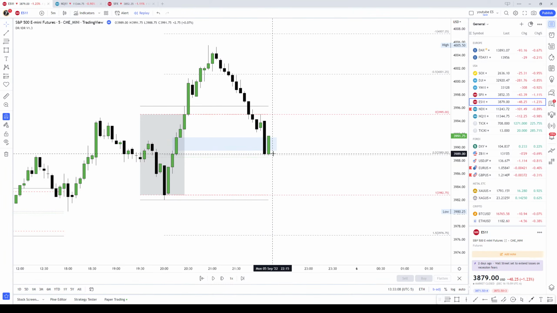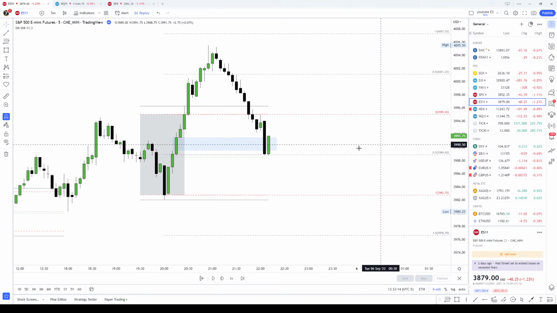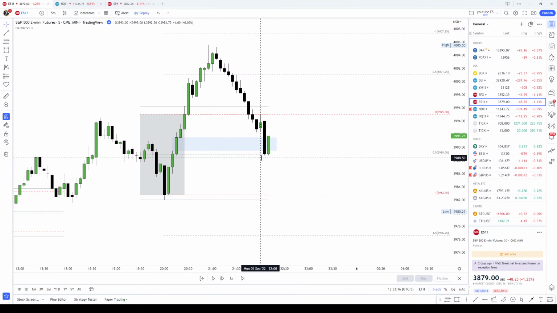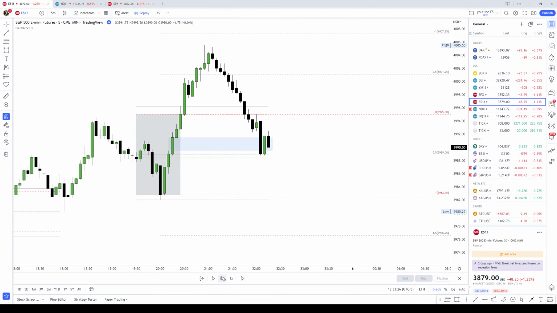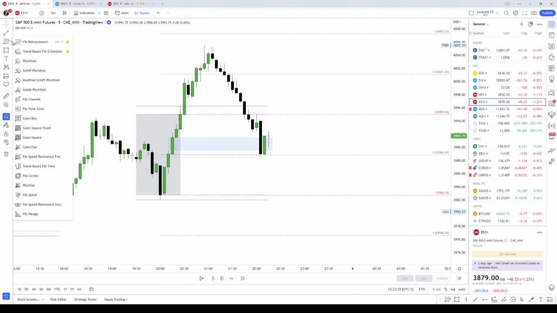If I see a proper rejection, I would consider a long now. Based on here that we didn't close below the 50, the midpoint of the DR, we have our opening line. So this is a nice cluster to look for a long entry. Now we see another rejection. Based on that one, I would take a long trade here.